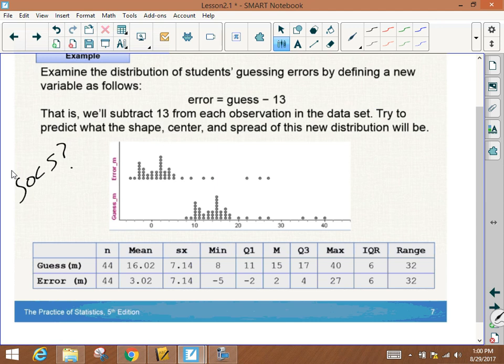What about our measures of center? If we look at our measures of center, we've got a definite change. A change by how much? It's been decreased by 13, which makes sense. This right here, what is that? That's our standard deviation, isn't it?